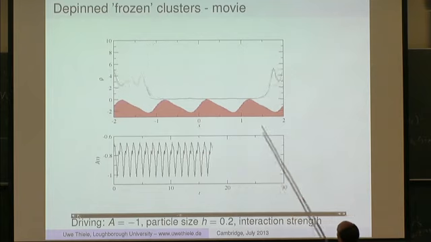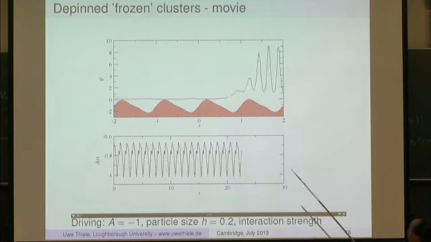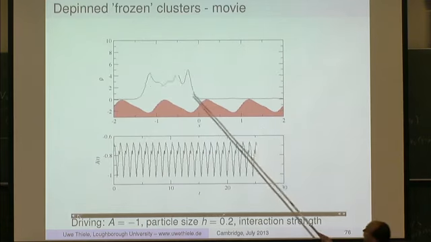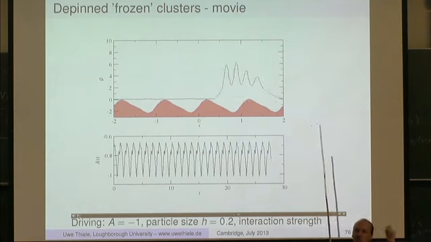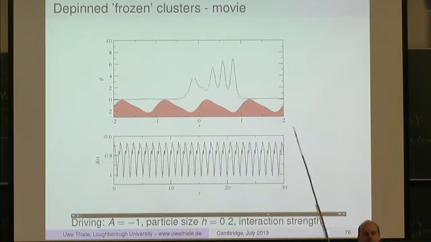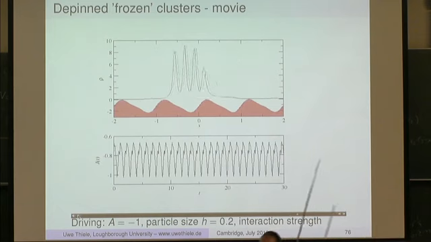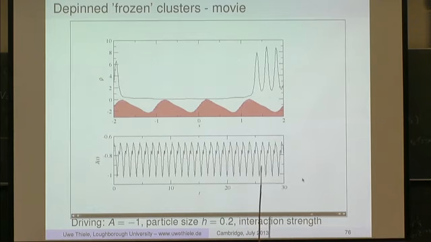But what is curious is that whenever they are over this potential minimum, they look more peaked, which means it's like a local crystal, right? And then it melts when it goes over the well, then it is a crystal again. So this is rather cute.